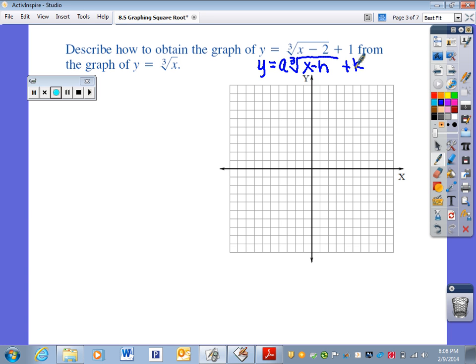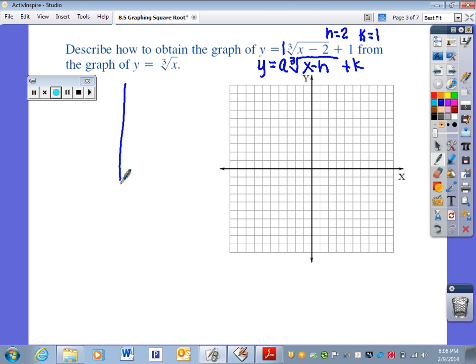The h and the k are going to give us our shift. So it says that h is going to shift 2 units horizontally, and k is going to shift 1 unit vertically for our whole function. Now our leading coefficient happens to be 1 in this case.